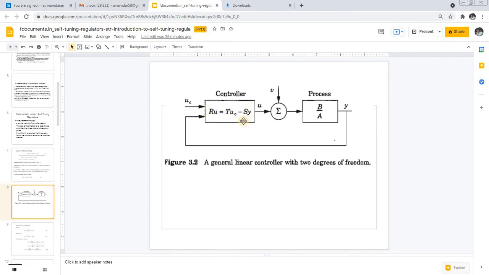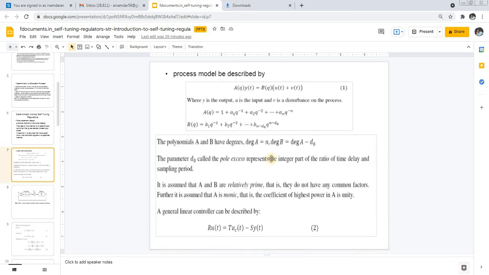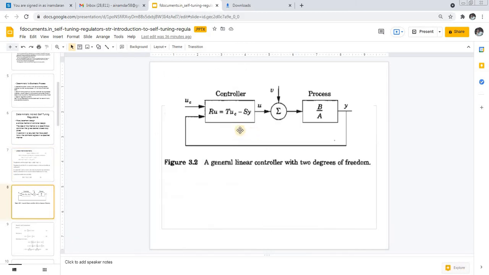From this we can find the controller which we are using here. The linear controller can be described by R u(t) = T uc(t) - S y(t) in the time domain. This is the second equation which we are going to use in the further derivation.